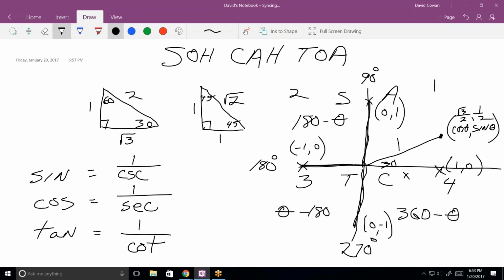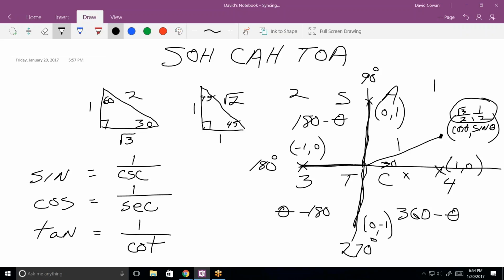Now, to do the unit circle the way they want you to, in other words, to be able to give them that answer there at the end of the 30-degree ray, you also have to remember that the x-coordinate is cosine of theta and the y-coordinate is sine of theta. So as long as you can figure out cosine of theta and sine of theta, you're fine.